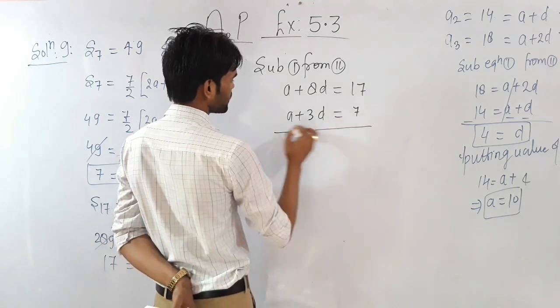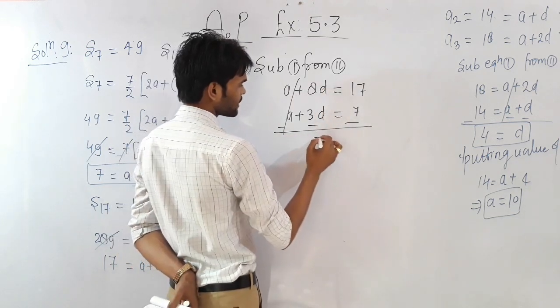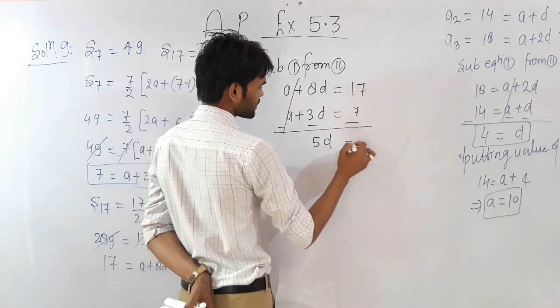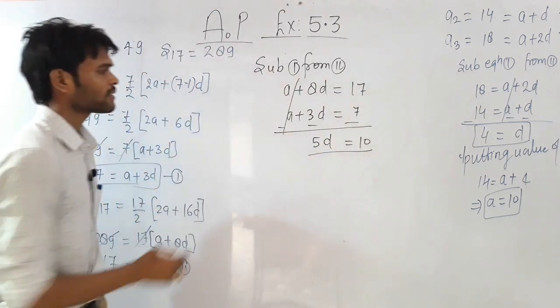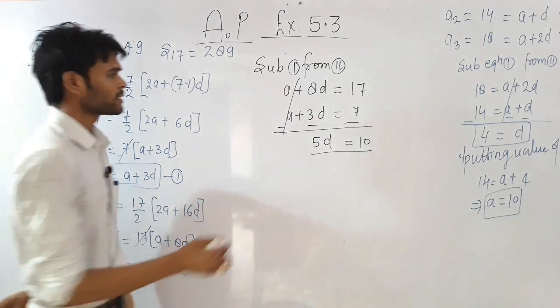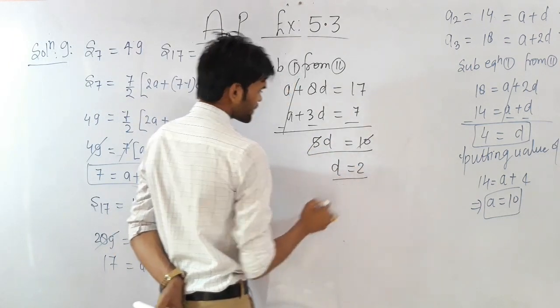Okay, so when you subtract, a will be cancelled, and it will be 5d is equal to 10. We have solved it, so what did we get? 5d is equal to 10. So it will give you d is equal to 2.